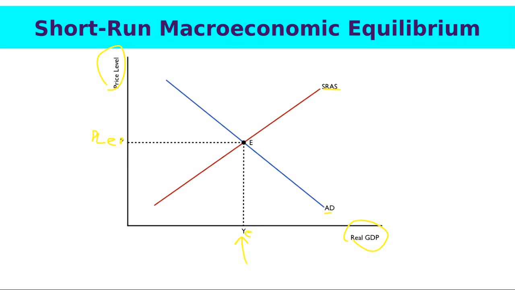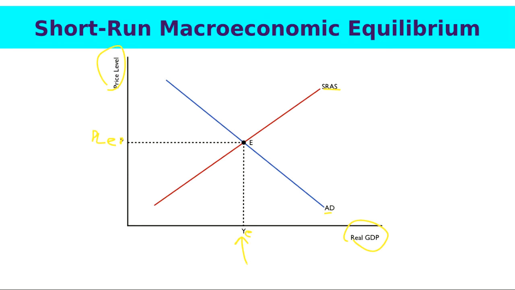It's going to be a unique label for this graph. So all you're going to see on this graph is short run aggregate supply and aggregate demand, and I can shift things back and forth on this just like any other graph would, right? So if we have an example where, let's say, the government increases taxes for everybody in the entire economy, well, that means that nobody has a lot of cash. So it's going to be aggregate demand shifting to the left.